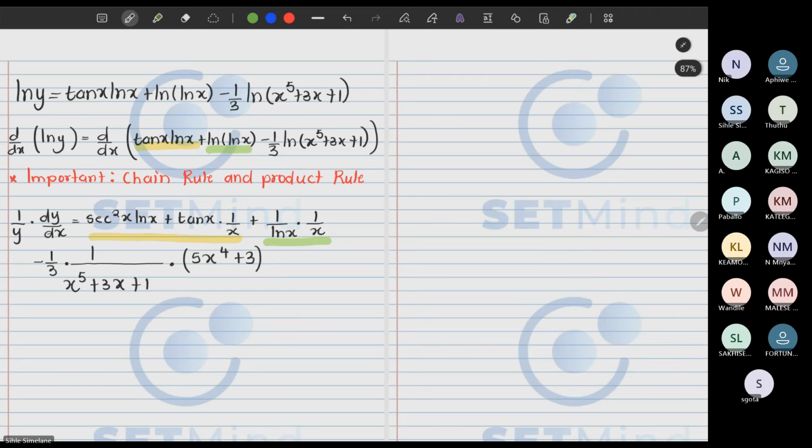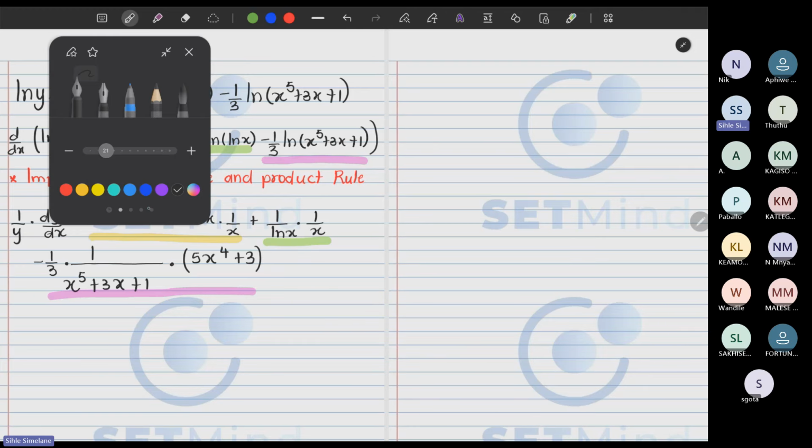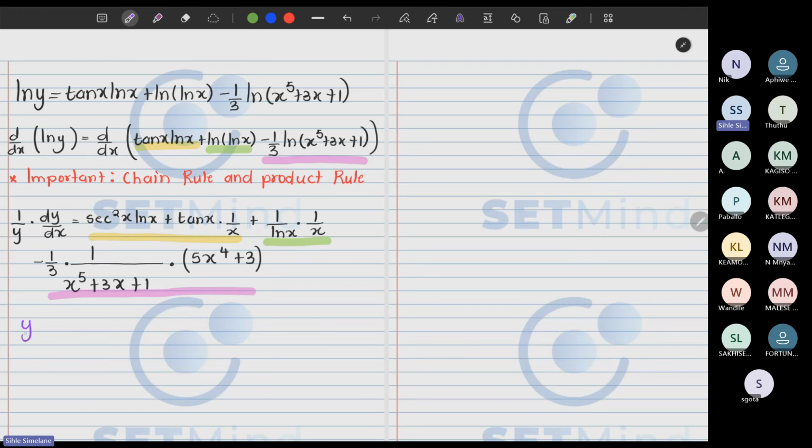That is done. Okay? And that speaks to the last part, this one. And that is just chain rule. And remember, guys, for anyone who might have forgotten, if you have y equals f of g of x, when you do dy dx, what chain rule says is derive the outer function, which is f, leave the inner one as it is, then multiply by the derivative of the inner function, g of x.